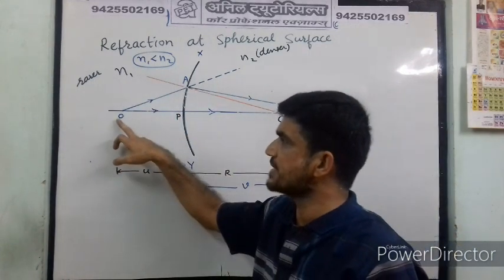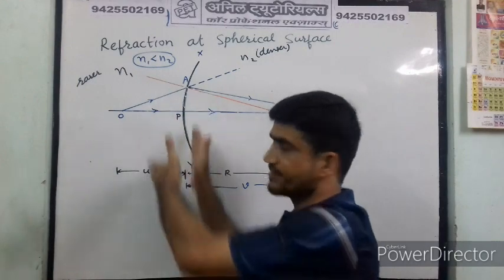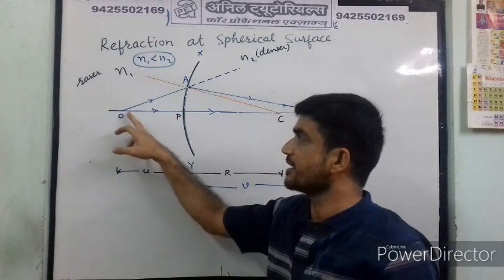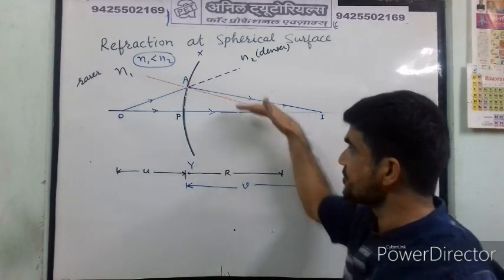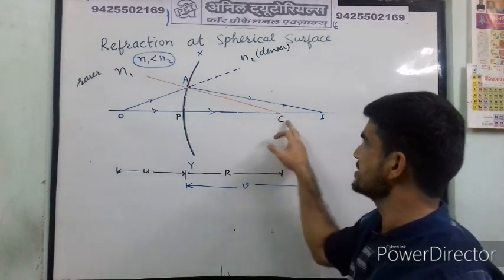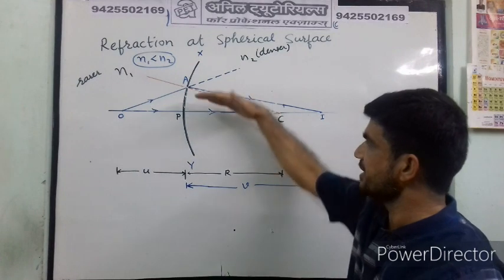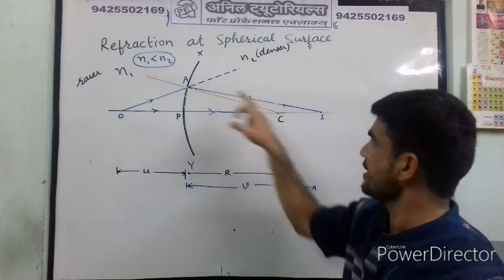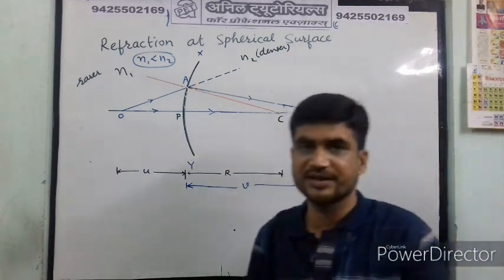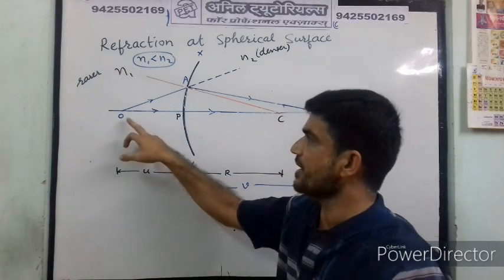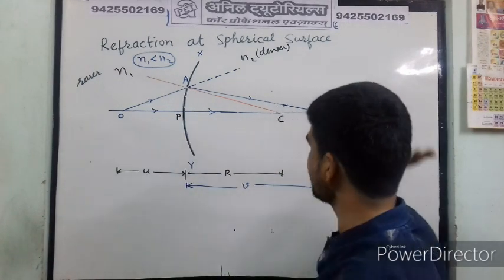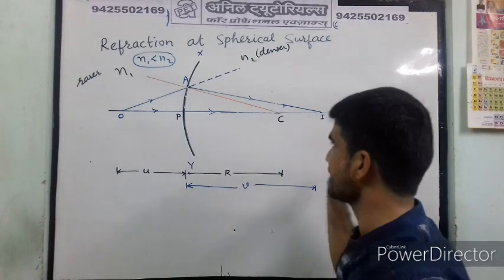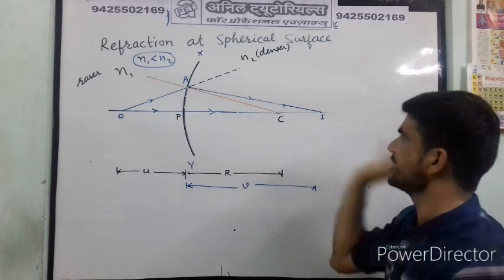An object O is kept at a distance u from this surface, and the ray which is incident at point A after refraction moves towards the normal. AC is the normal, and after refraction it travels like this. So AI is the refracted ray, and I took one more ray from O to P which goes straight. Now both the rays are meeting at point I.